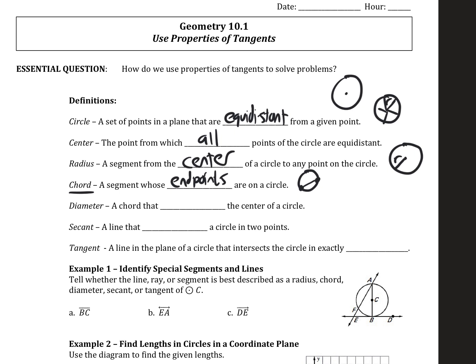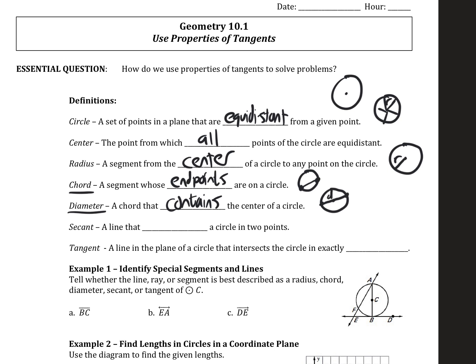The chord can go through the center of the circle, and that's going to be another definition. Chords don't have to go through the center of the circle, but when they do, a diameter is a chord that contains the center of a circle. It's not going to be perfect, but this is a diameter.